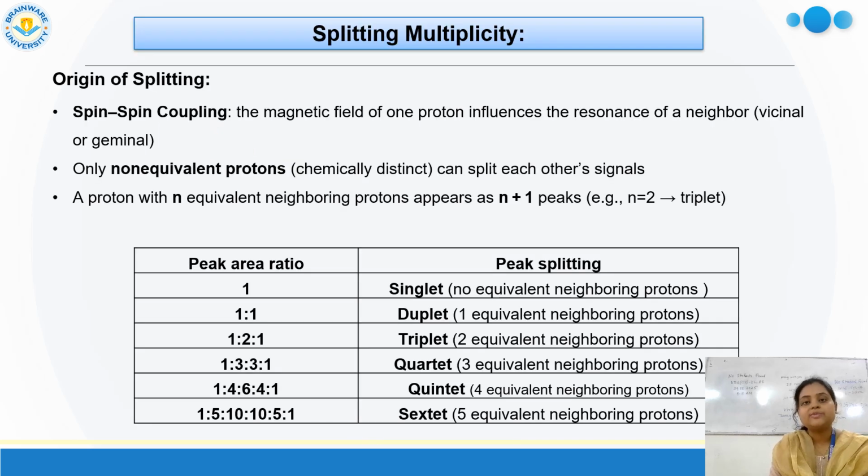Now, splitting, or the splitting multiplicity. As we have seen in the previous slide, whatever I have called a peak is not actually a peak; in NMR, these are called signals. All the signals are actually not a single line; they consist of several small lines.